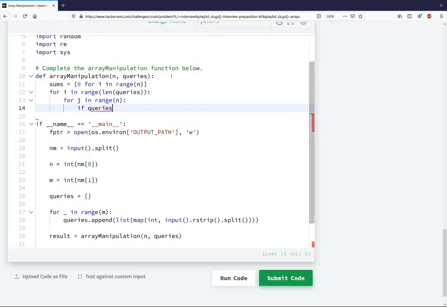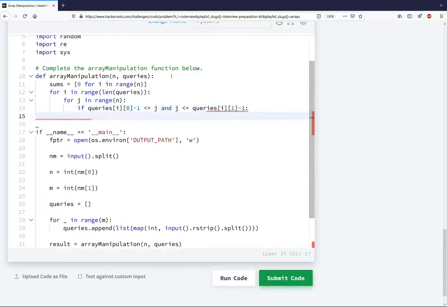So if queries[i][0] minus 1 is less than or equal to j, and j is less than or equal to queries[i][1] minus 1, then we're going to take the jth column and add queries[i][2].